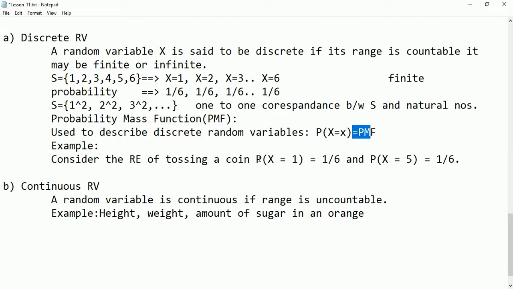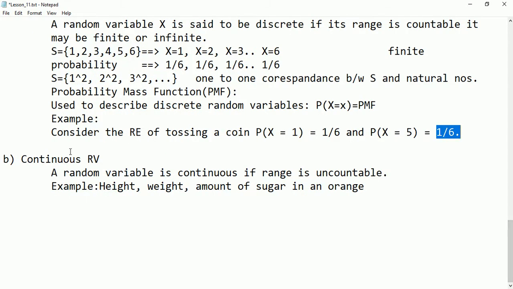For example, consider the random experiment of tossing a coin. So PMF of that, here x is a random variable, is equal to 1. So its probability is equal to 1 by 6. Or for example, another one, P of x is equal to 5. So what is the probability of 5 in this range? The probability of 5 in that range is 1 by 6.